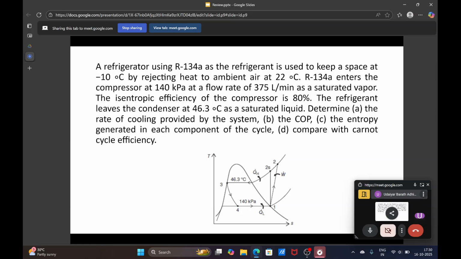The isentropic efficiency of the compressor is 80%. The refrigerant leaves the condenser at 46.3 degrees Celsius as a saturated liquid. Determine A. the rate of cooling provided by the system, B. the COP, C. the entropy generated in each component of the cycle, and D. compare the COP with the Carnot cycle efficiency.